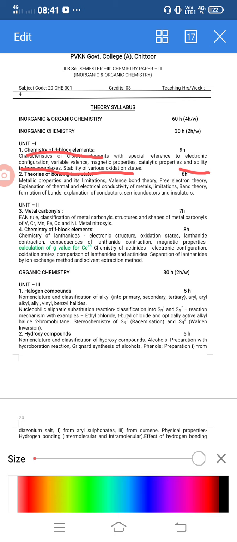So here first, before going to D block, we will know the electronic configuration of D block elements, 3D series, 4D series and 5D series.